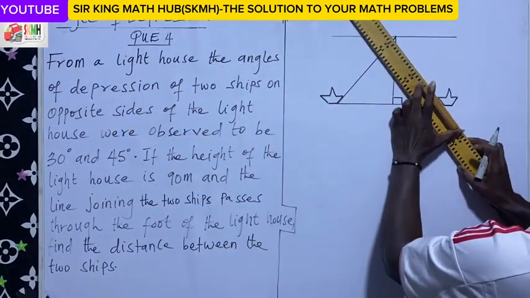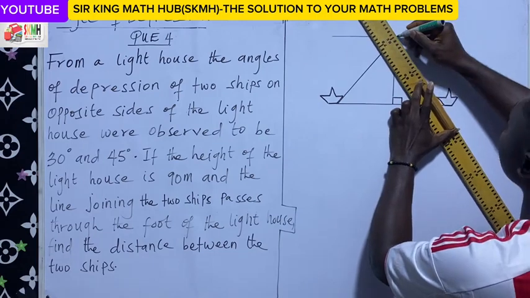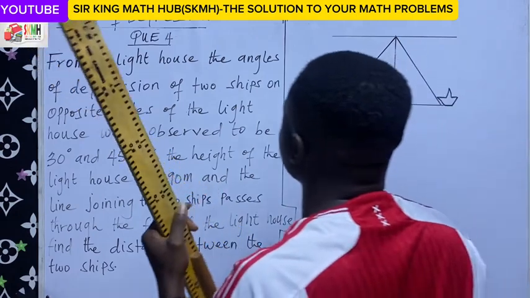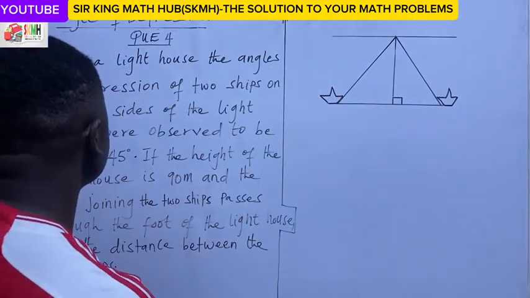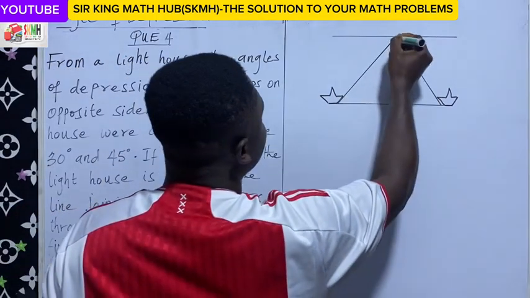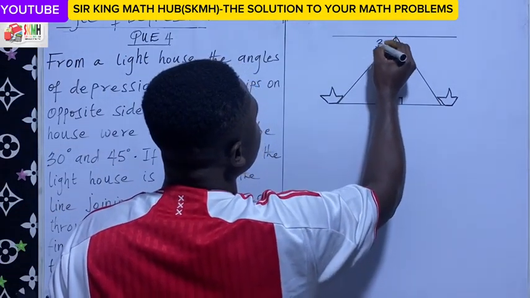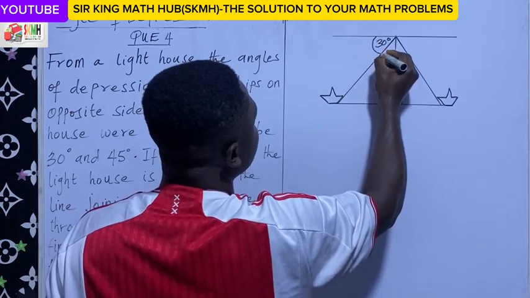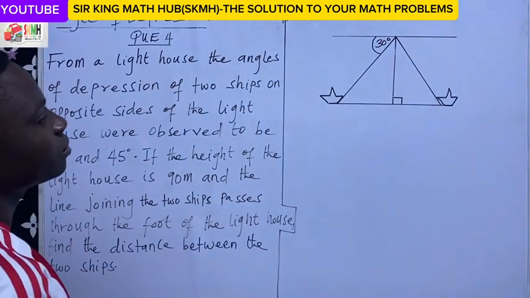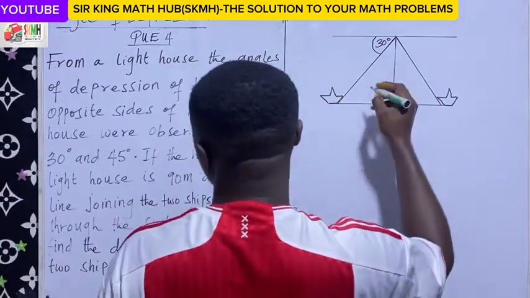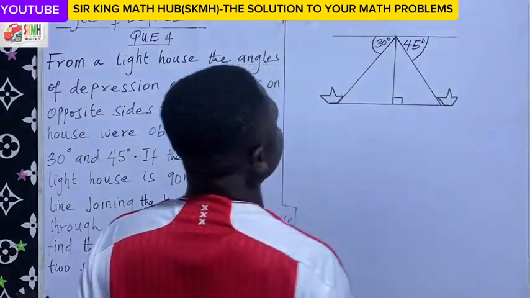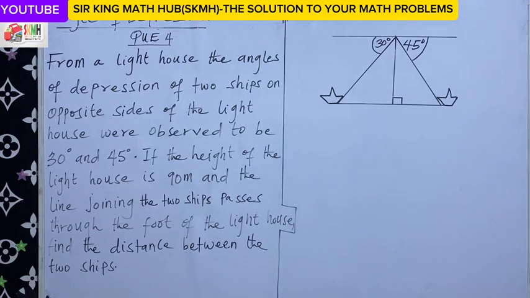So where do we place the angle of depression? So now for the first ship, the angle of depression is 30 degrees. So the angle below the horizontal line of sight, and then the angle of depression of the second ship measures 45 degrees. So that is what we have done.